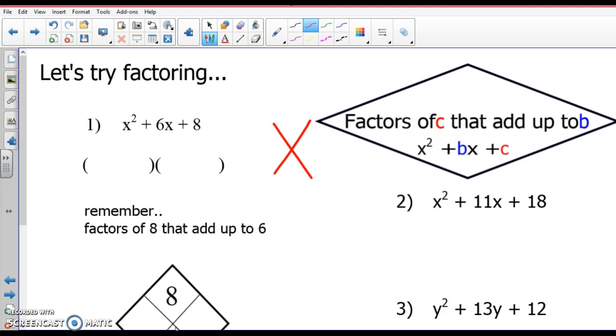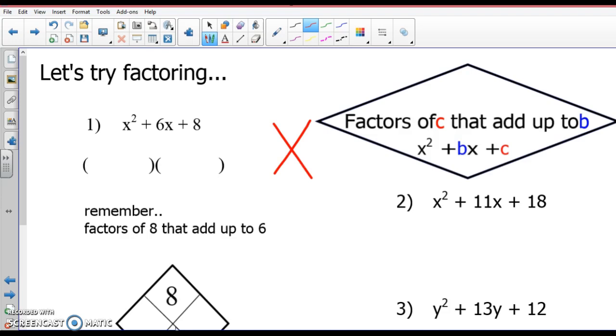So we know when you have something of the form x squared plus bx plus c, and the coefficient of the x squared is 1, these are easy to factor. When the coefficient of the x squared is not 1, they become very complicated.